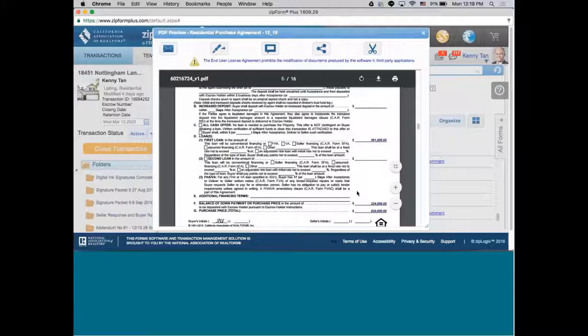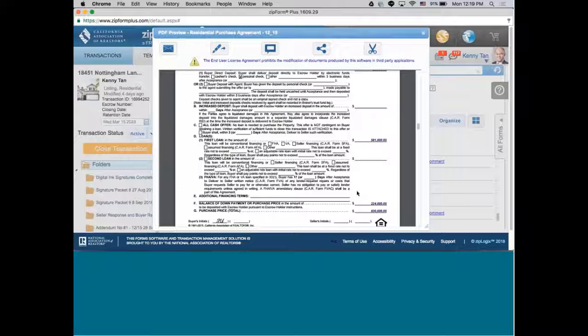There's about $250,000 for the proposed down payment. So the down payment is actually higher than 25%.